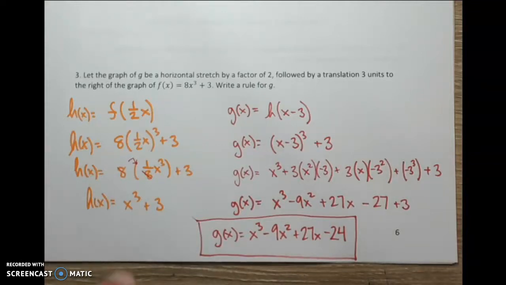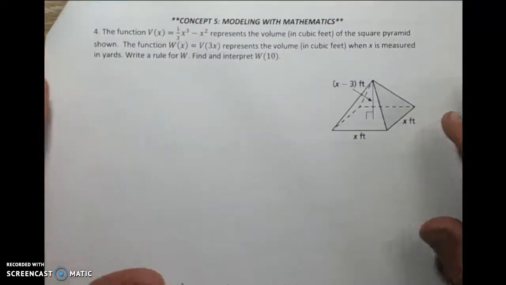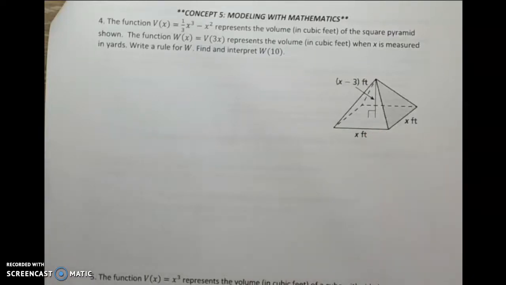Alright, I'm going to go ahead and flip. Actually, there is no practice on that one. I'm going to go ahead and just show number 4. And this is modeling mathematics. The function v of x equals 1/3 x cubed minus x squared represents the volume in cubic feet of a square pyramid, and the function w of x equals v of 3x represents the volume in cubic feet when measured in yards.